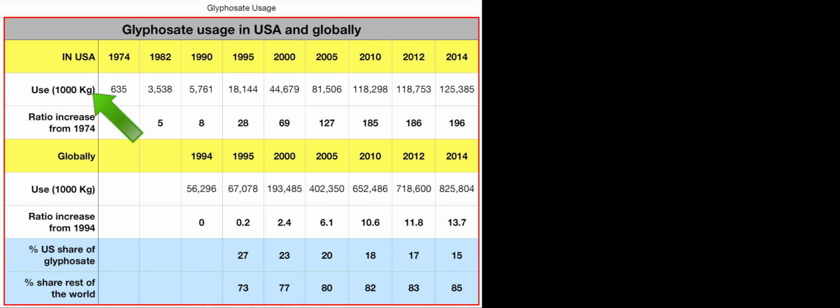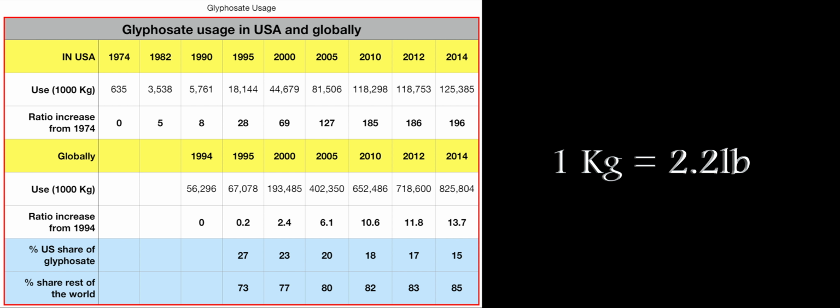I know most people in the US like to work with pounds, but I'm used to working with kilograms and tons, and that's why I kept it on just kilograms. But for those who want to know the corresponding figures in pounds, you just multiply the kilograms by 2.2. One kilogram is 2.2 pounds, and then you get the corresponding number.